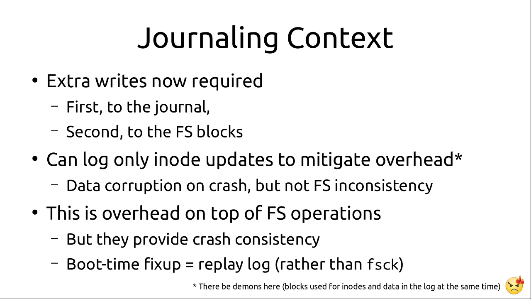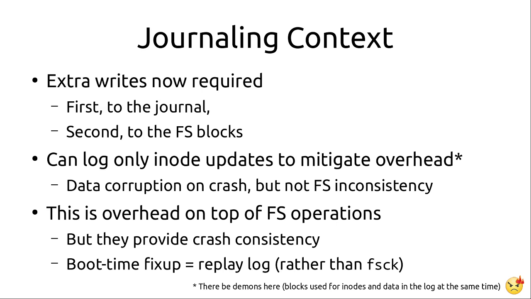One way that practical systems have gotten around it, ext3, for instance, is that they said you can log only inode updates in the journal to mitigate the overhead of data updates. That means that all of your data updates on disk are not tracked in the journal.